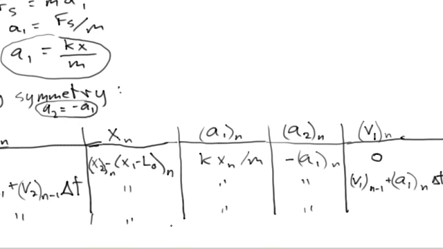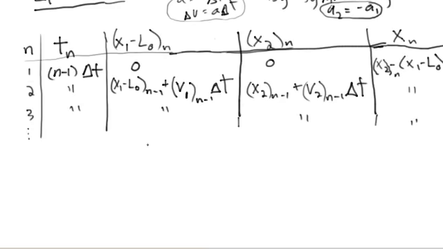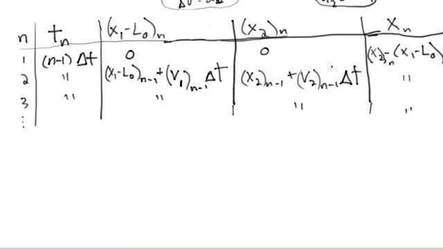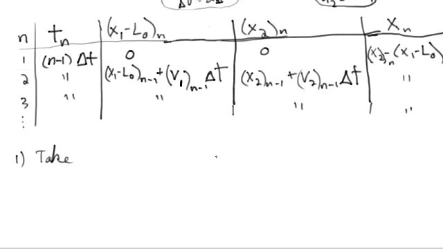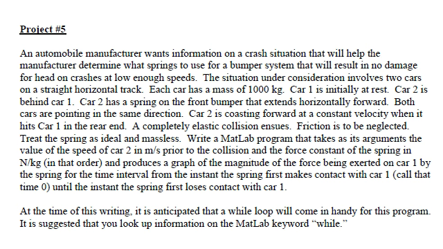Now I got to outline the code. So step 1: take v20 and k as arguments. It takes as arguments the value of the speed of car 2, that's v20, and k. Then set m equal to whatever they said it was, 1,000 kilograms.